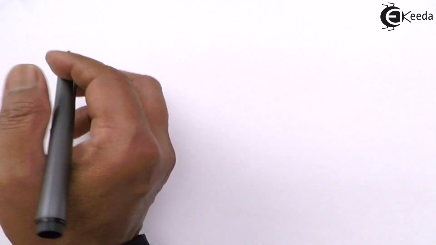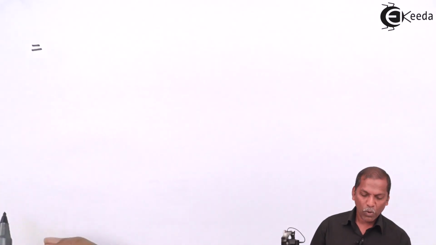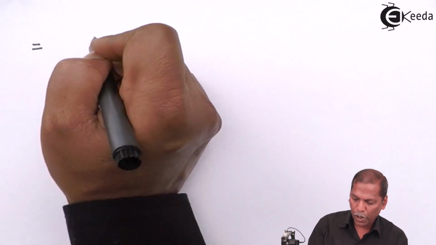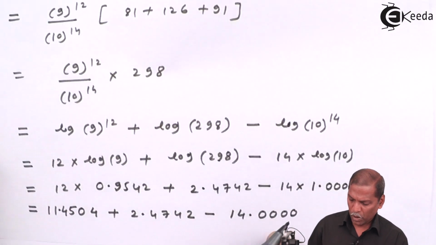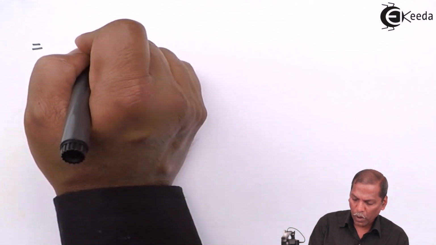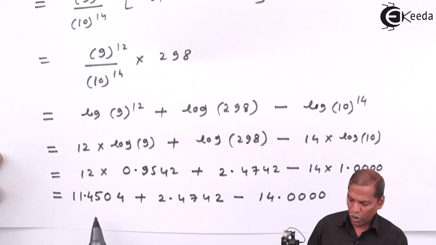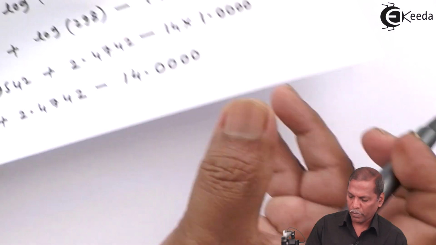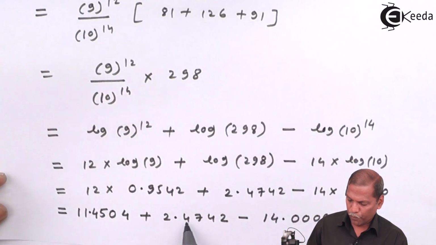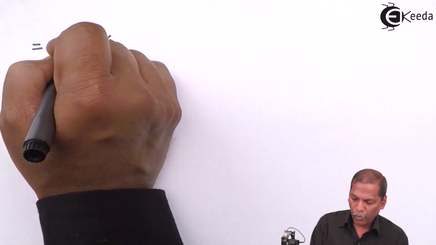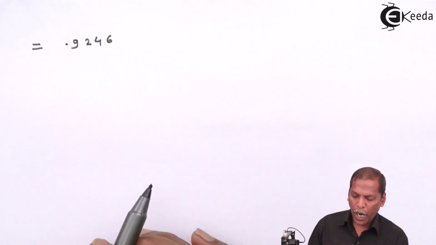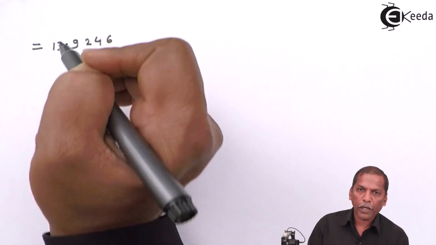Now on simplifying further, we get, so that is equal to, now here we go for addition, that 2 plus 4 gives us 6, then 4 plus 0, that is 4, then 5 plus 7 gives 12, 2 carry 1, next 4 plus 4, 8, and carry 1 gives 9, then we put the decimal, and then 11 plus 2, so that gives us 13.